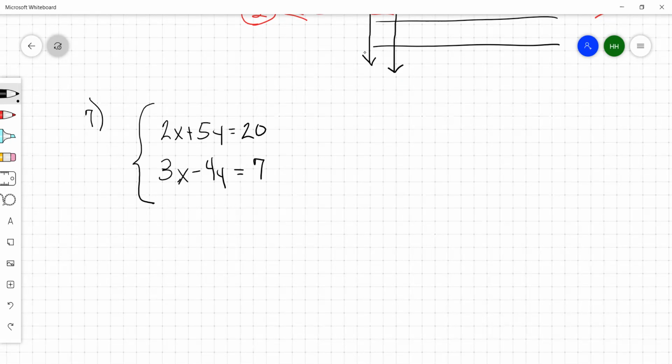Now, all this problem is what you would do in a problem like number 1 when this is your equation 4 and this is your equation 5.